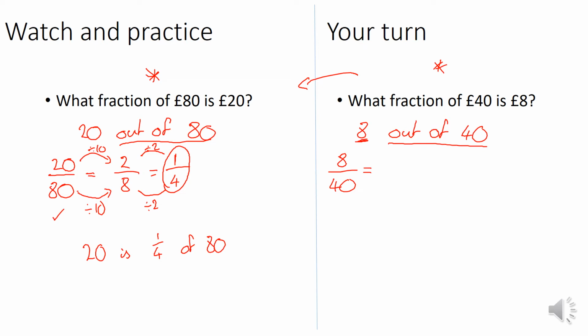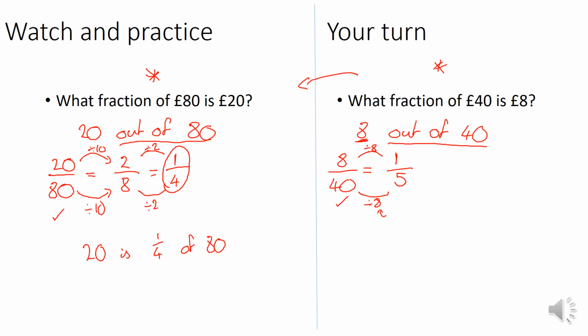Now what we're going to do is simplify, because if we don't simplify, we get some method marks for getting it right, but we don't get the full mark. So let's see if we can simplify. So divide by 8, divide by 8. That gives us 1 on the top, 5 on the bottom. We picked 8 because 8 can divide 8 and divide 40.